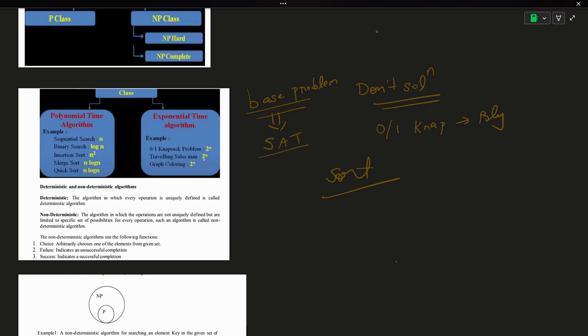And this base problem is nothing but the satisfiability problem. Yes, you heard it right. And what exactly is the satisfiability problem? Let's understand it by an example. Back in 2-1 in MFCS, you learned about conjunctive normal forms, CNF.